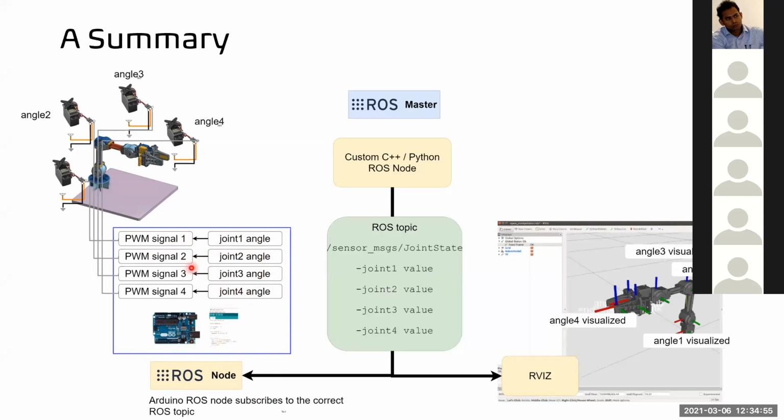According to PWM signal one, the corresponding servo will turn the necessary angle. And also, because this topic is published, RViz can easily subscribe to that ROS topic as well.